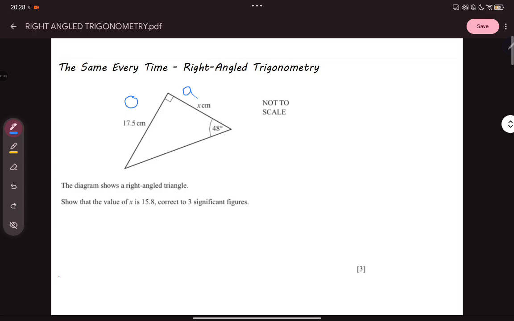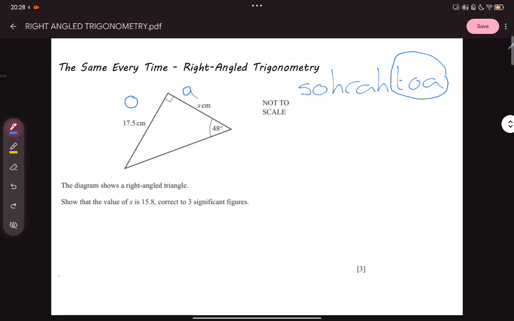And then we have to decide, are we using sine, cosine, or tan? So a lot of people remember this by SOH CAH TOA. And what sides have we got here? O and A. So O and A means that we are dealing with tan.